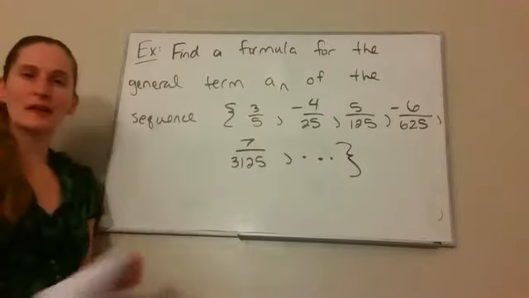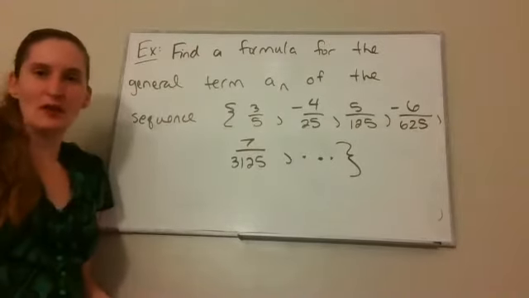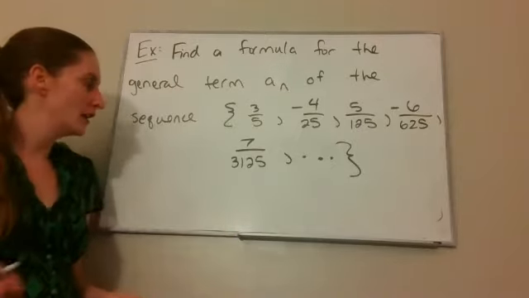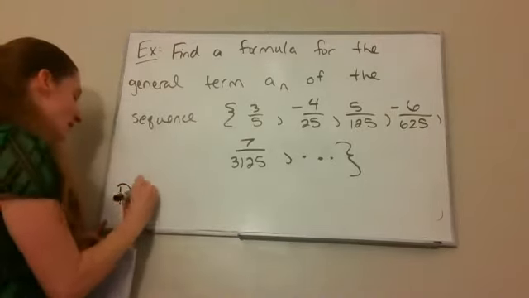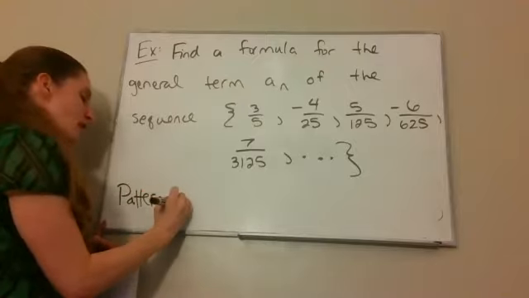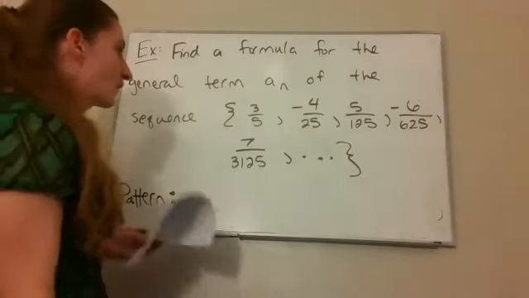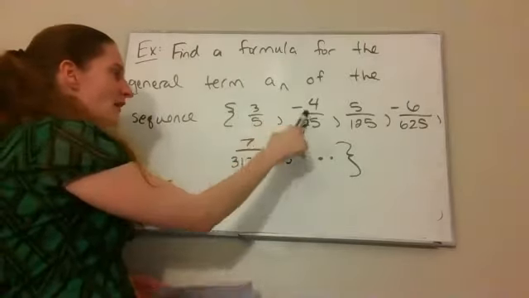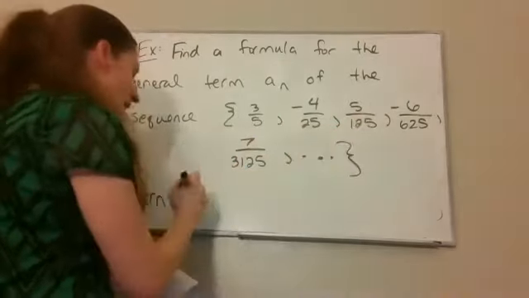So there's our sequence, and in order to write a general term for this sequence, we're going to have to recognize a pattern of what's going on. So let's talk about the pattern. What things do we notice when we look at these terms? Well, the first thing I notice is that I'm alternating in sign. It's going positive, negative, positive, negative, positive.